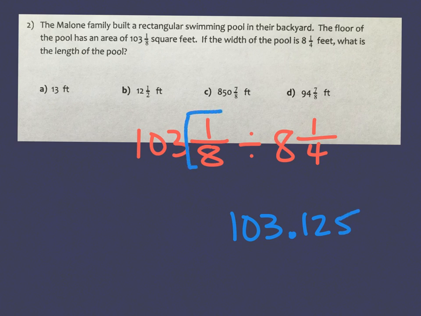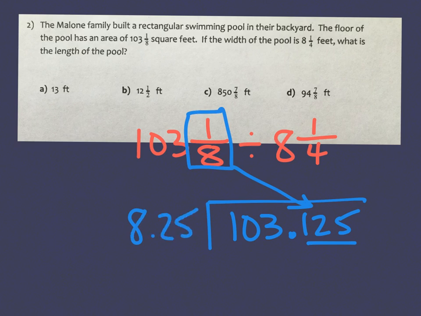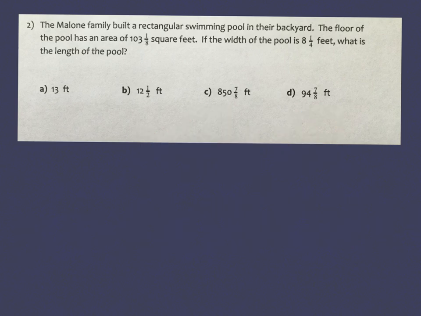If I remember, 1/8 is 125 thousandths as a decimal, divided by 8 1/4, which is 8.25. 1/4 is written as 0.25. So I have 103.125 divided by 8.25.